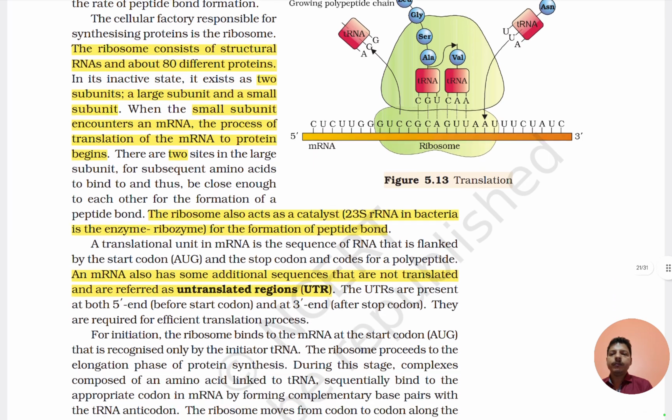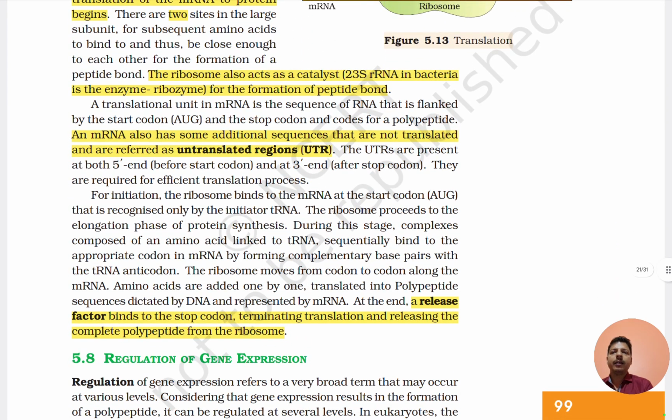Then a translation unit in mRNA is the sequence of RNA that is flanked by the start codon AUG and the stop codon, and codes for a polypeptide. mRNA also has some additional sequences that are not translated, referred to as untranslated regions, UTR. The UTRs are present at both the 5' end, before the start codon, and the 3' end, after the stop codon.